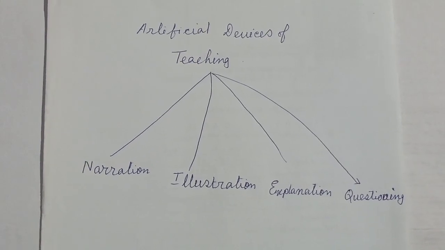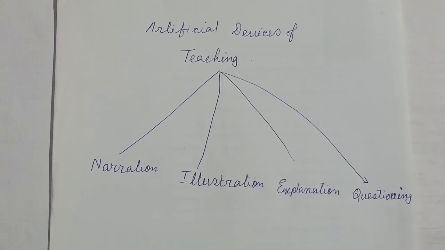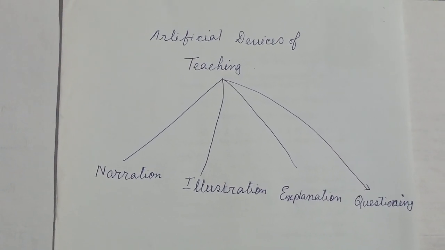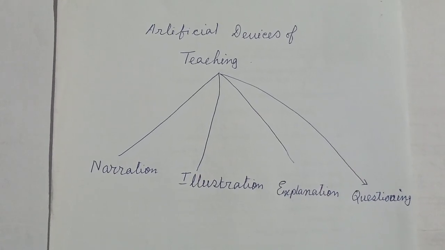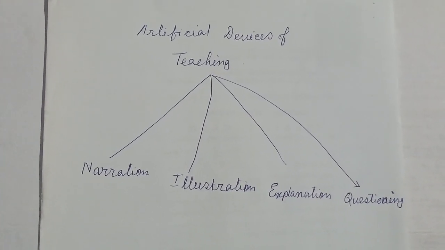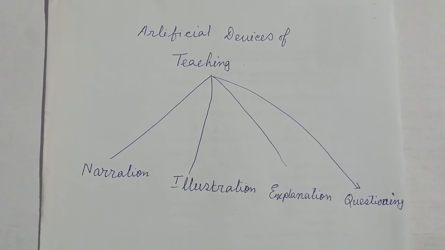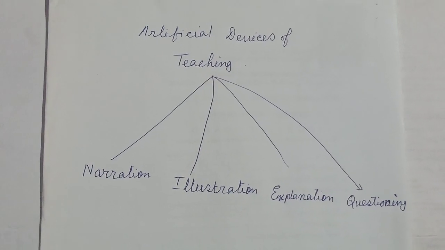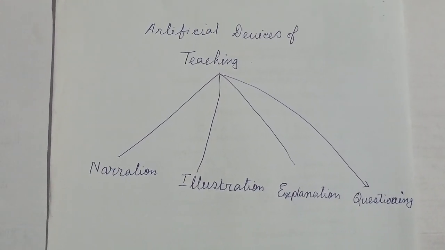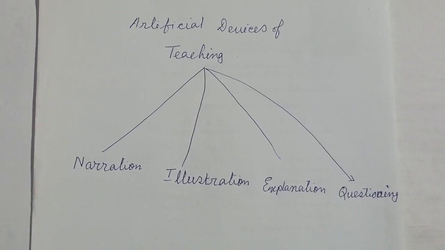There are a number of devices of teaching under the heading of artificial devices. There are basically 4 artificial devices, which are narration, illustration, explanation and questioning. Actually, it is very difficult to find out the differences among all these 4 concepts.